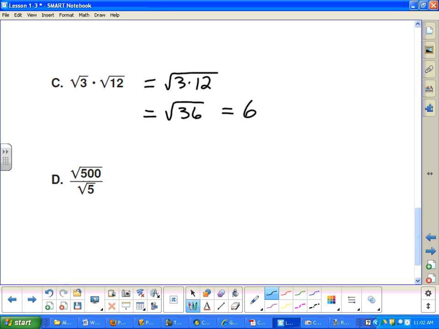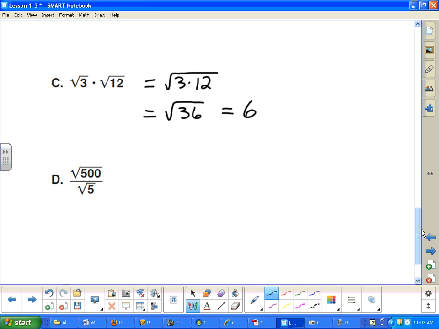Letter D then would be an example of the quotient rule. I look at these two numbers I have here, 500 and 5. Does 5 go into 500? Okay, it does.